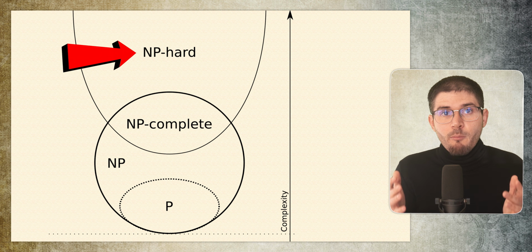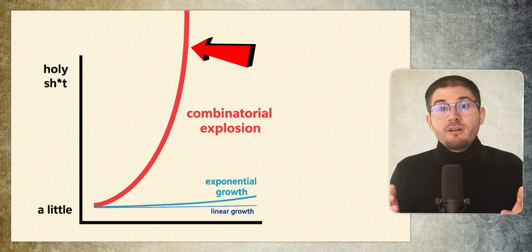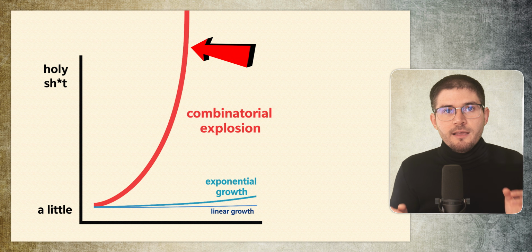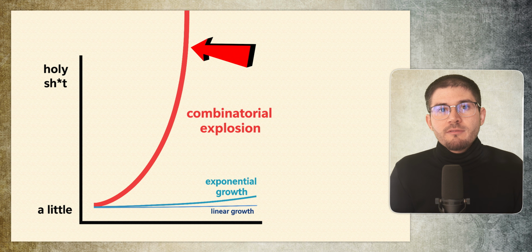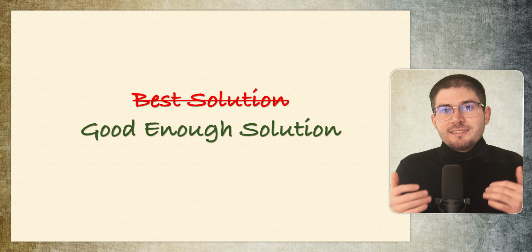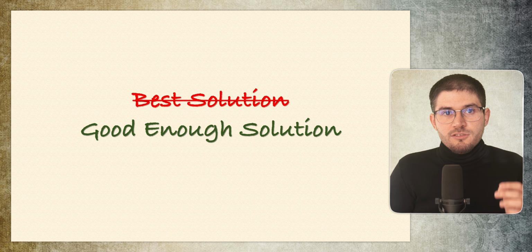It means that the number of possible combinations of solution candidates grows so insanely fast that even the best algorithms that we know are incapable of finding the best solution within a reasonable amount of time. So, for the really difficult planning problems, instead of looking for the perfect solution, we have to look for the good enough solution that satisfies most of our constraints.